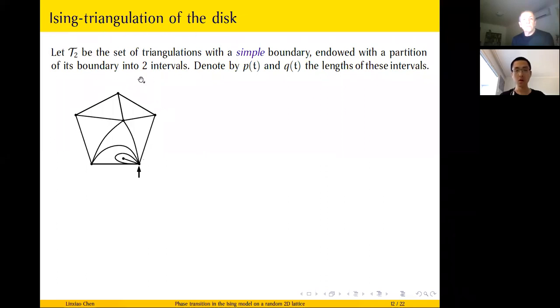So these are objects built on a triangulation with a boundary, here with a simple boundary, but that is just a technical condition. Moreover, we split the boundary of the triangulation into two intervals like this, and I call the lengths of these two intervals P and Q.